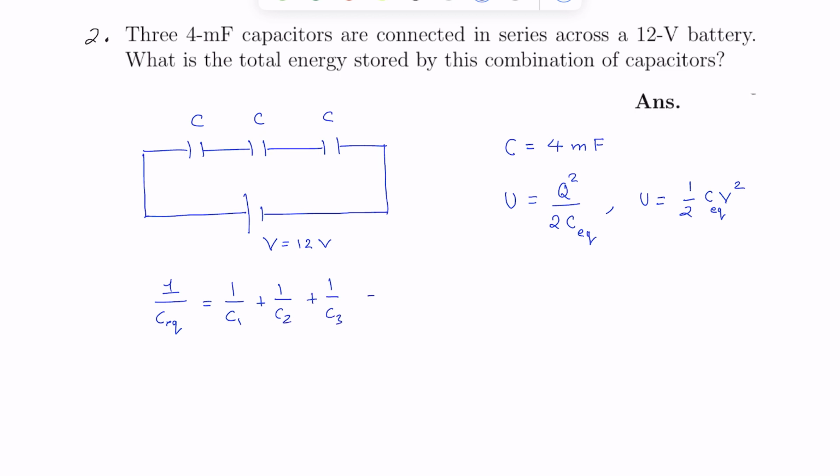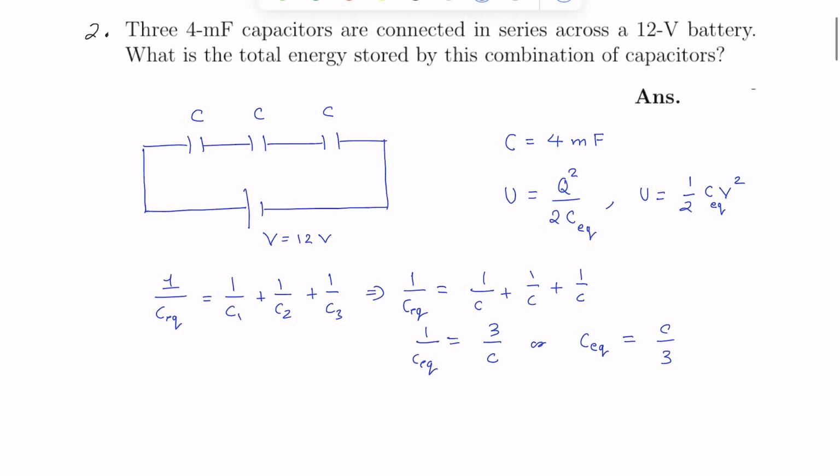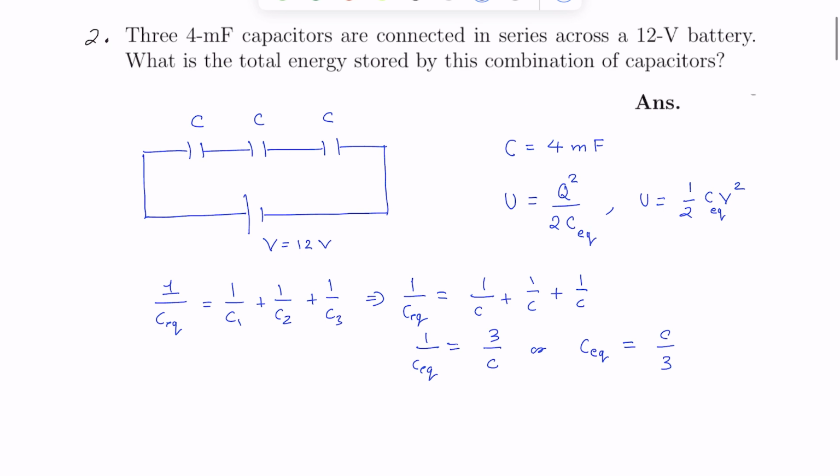This implies that 1 over C equivalent is, in our case, just 1 over C plus 1 over C plus 1 over C, and that equals 3 over C, or C equivalent equals C over 3. Alright, and C is given to be 4 millifarad. This implies that C equivalent is equal to 4 over 3 millifarads.